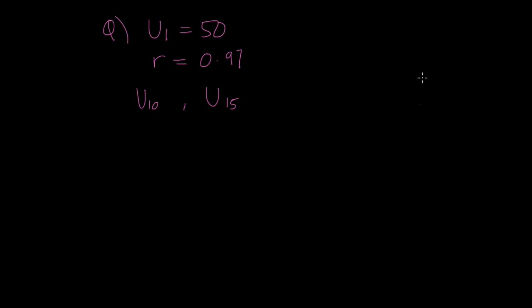So firstly, we want to find a particular term, so we need to know our formula. The formula is, let's recap, u sub n equals u sub 1 times r to the power of n minus 1. Okay, so given this, we can say u sub 10 equals u sub 1.